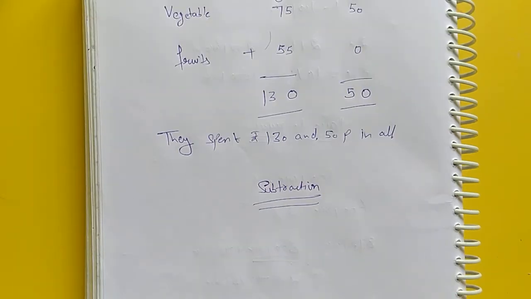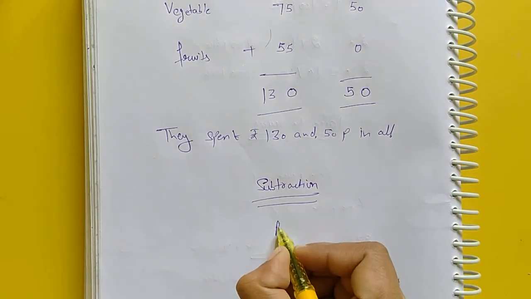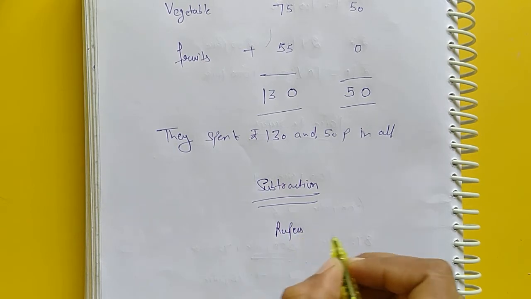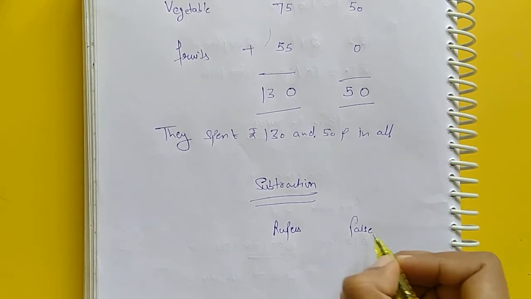Next is subtraction. So question is, Sagar bought a sandwich for rupees 35 and 50 paise. He gave the shopkeeper rupees 50. How much should the shopkeeper pay him back? Like addition, we will subtract the rupees and paise separately. Okay, so write here rupees and here paise.